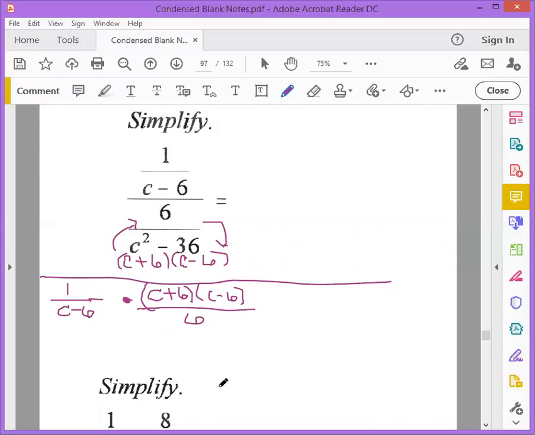Now look and see what we can cross cancel. The c minus 6 and c minus 6 can be canceled. So we're left in the numerator with 1 times c plus 6. So that just gives us that factor of c plus 6 in the numerator. In the denominator, we have 6. So this is our answer.